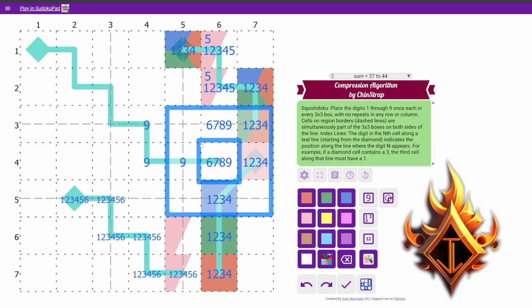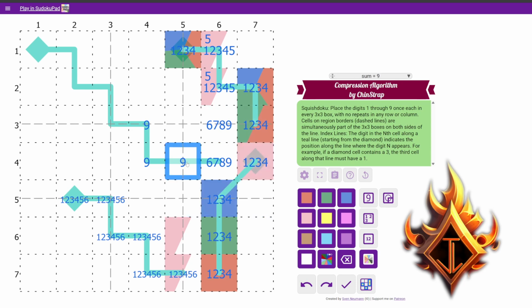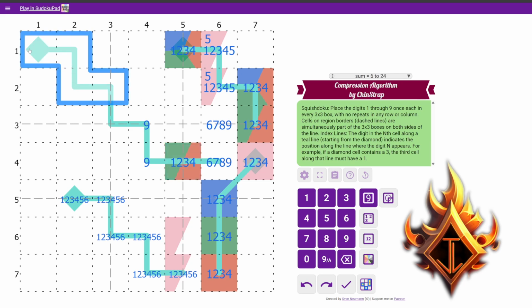So is it... It's not blue. Red or green has to go right here. Which means that it's 1, 2, 3, or 4. Which is not 9, believe it or not. 1, 2, 3, or 4. So one of these is 8.